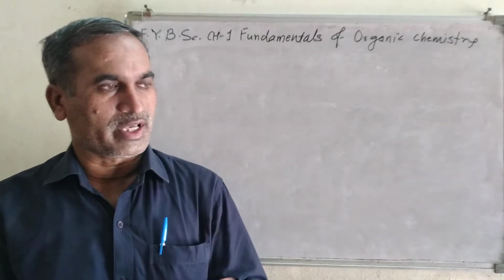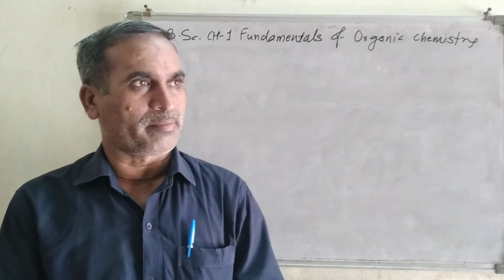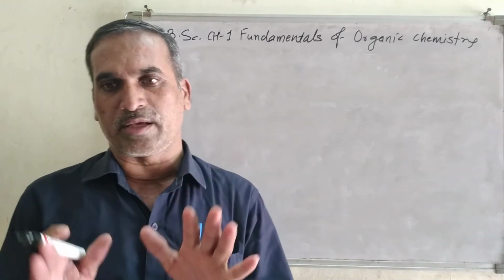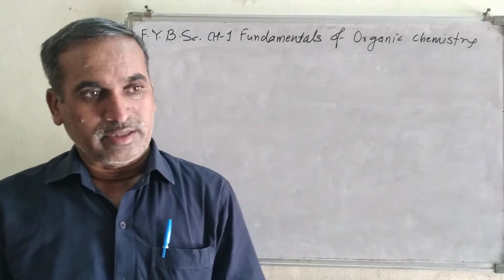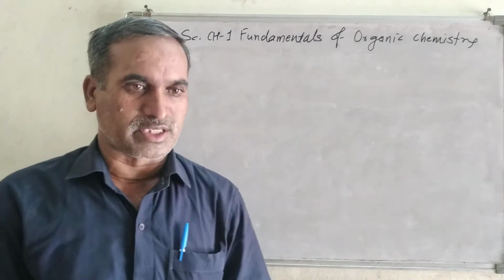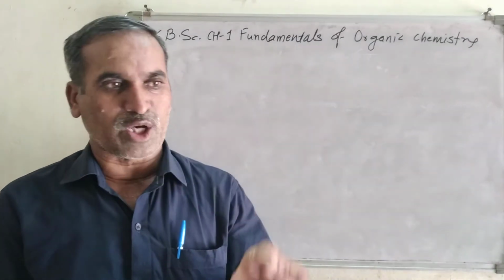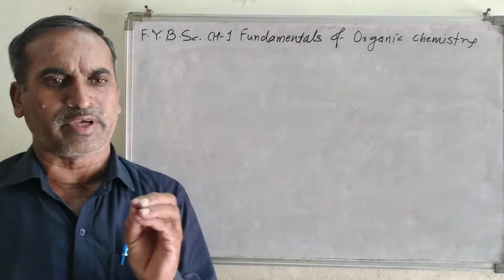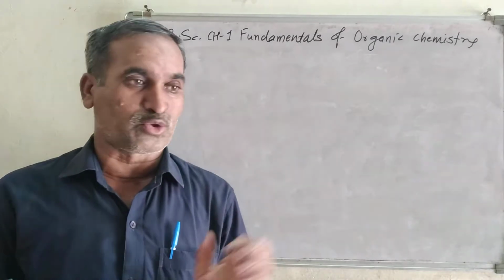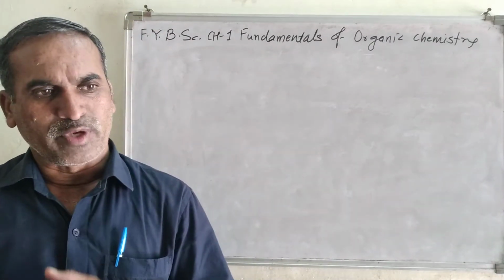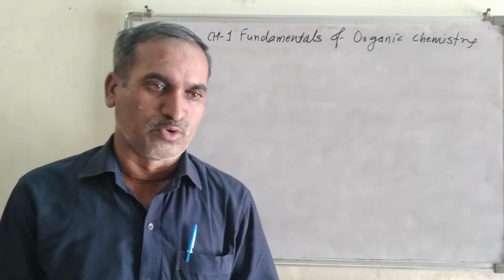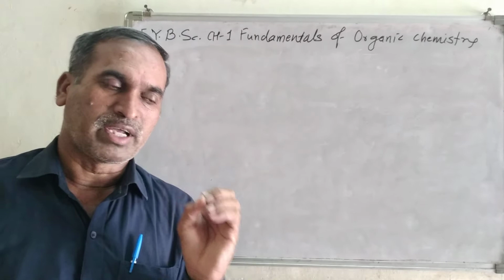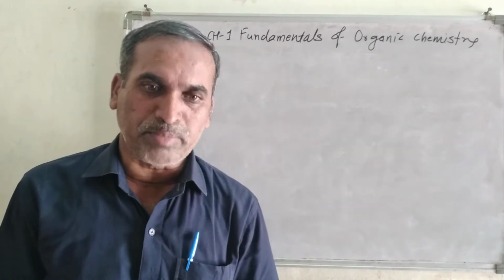First, by using s and p orbitals. There are different types of atomic orbitals, but as far as the FY BSc syllabus or the organic chemist's point of view is concerned, to study organic compounds we require only two atomic orbitals, which are very essential: one is the s orbital and the second is the p orbital.